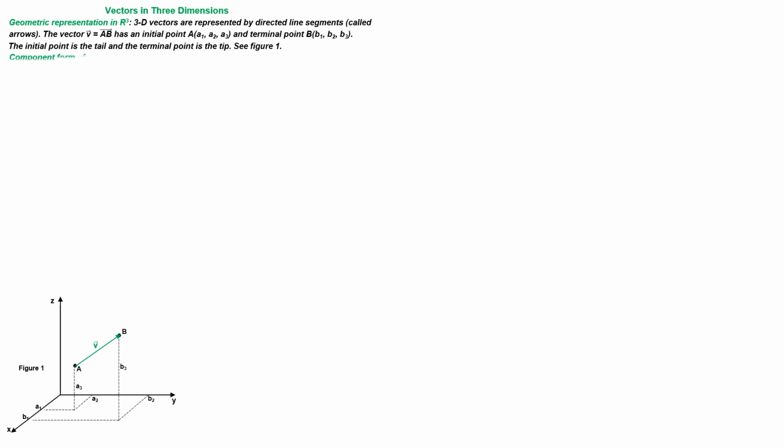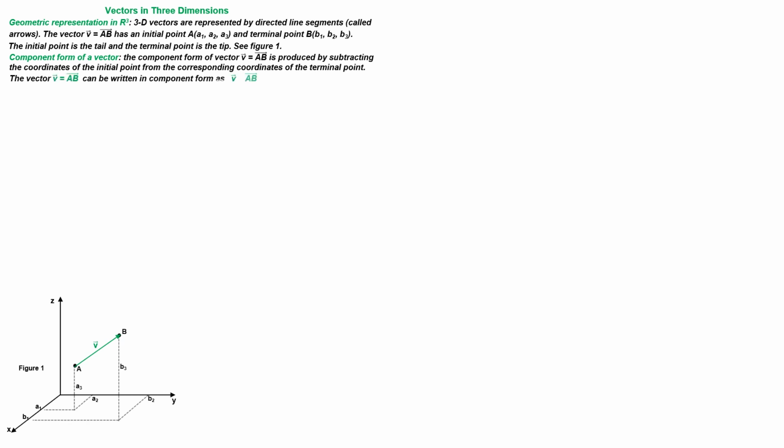The component form of vector v is produced by subtracting the coordinates of the initial point from the corresponding coordinates of the terminal point. The vector v can be written in component form as follows.